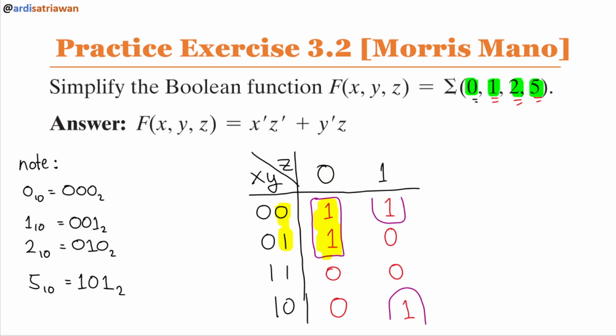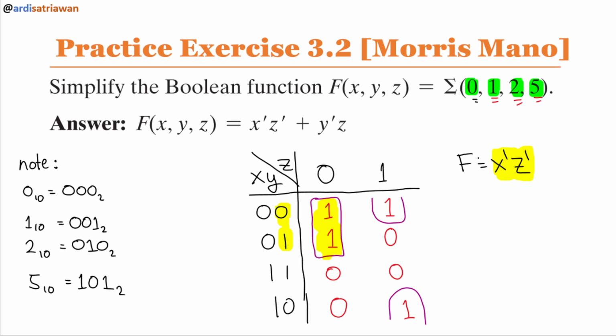So for the first part from the yellow one, that will be the x here, but the x is 0, so we need to put x prime. And here we also have z, but z is 0, so we need to put z prime. That is for the yellow part.